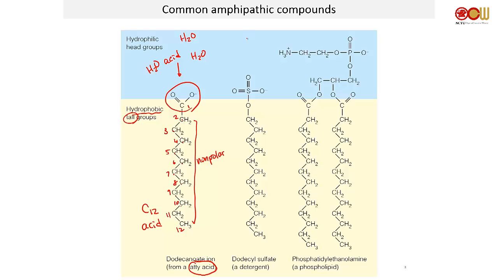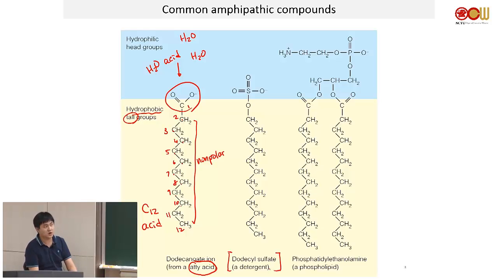All right? The second molecule is called dodecyl sulfate. You will be working with this if you are studying proteins, okay? So I think many of you will have heard of this thing called SDS-PAGE, okay? SDS, that's the DS part, okay? DS. And in SDS, the S actually stands for sodium, okay? Because it's usually a sodium salt, okay?